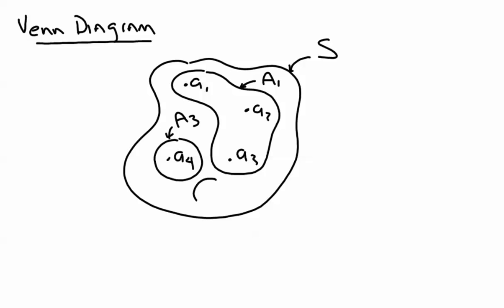And down here, an event which encompasses no possible outcomes was my empty set, event A4. All right, that's just a very simple Venn diagram analysis of our toss 2 coins and observe heads and tails chance experiment.